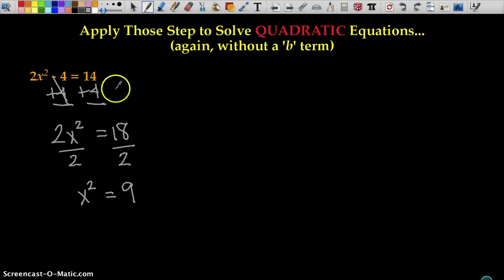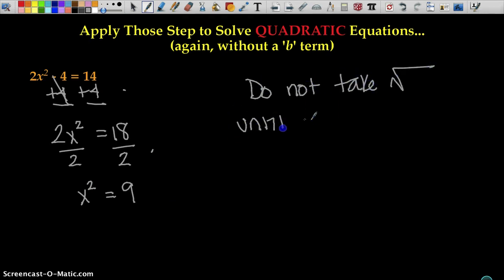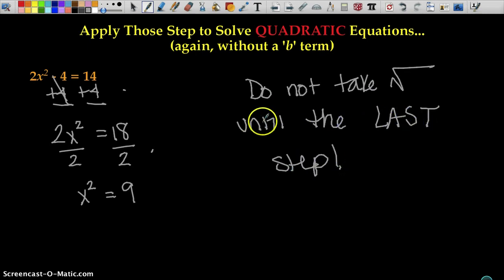We're doing the exact same steps, adding 4, dividing by 2. We do not take the square root until the last step. Okay, so don't do that until your very last step.